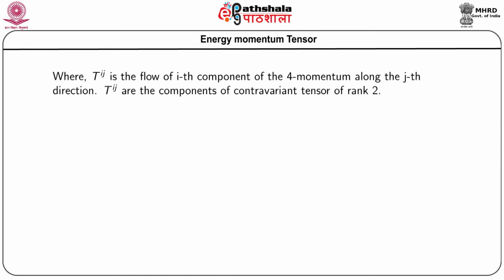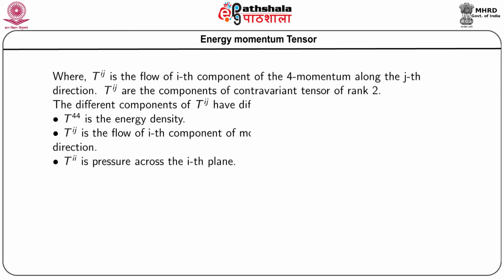Here T^ij is the flow of the ith component of the 4 momentum along the jth direction, and T^ij are the components of a contravariant tensor of rank 2. Now, the different components of T^ij have different meanings.